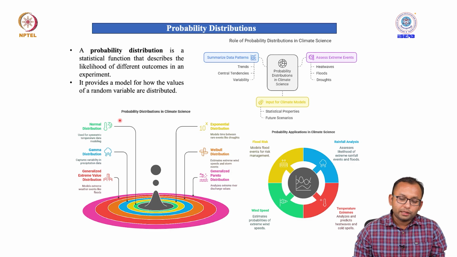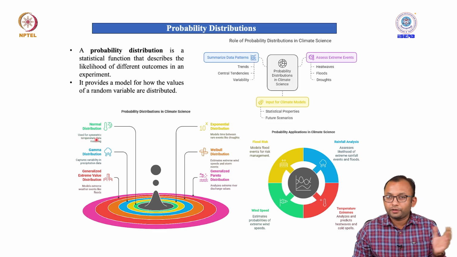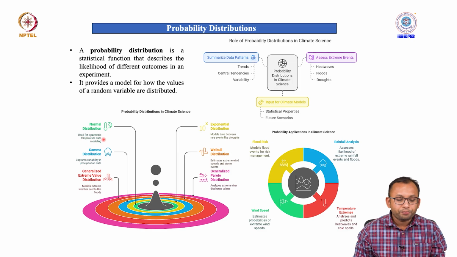For example, there is a very well known distribution function called the normal distribution, which is a bell shaped curve widely used for multiple different purposes. It is generally used for symmetric temperature data, where we have minus and plus values also. There is a distribution called the gamma distribution, which captures the variability in precipitation data sets.